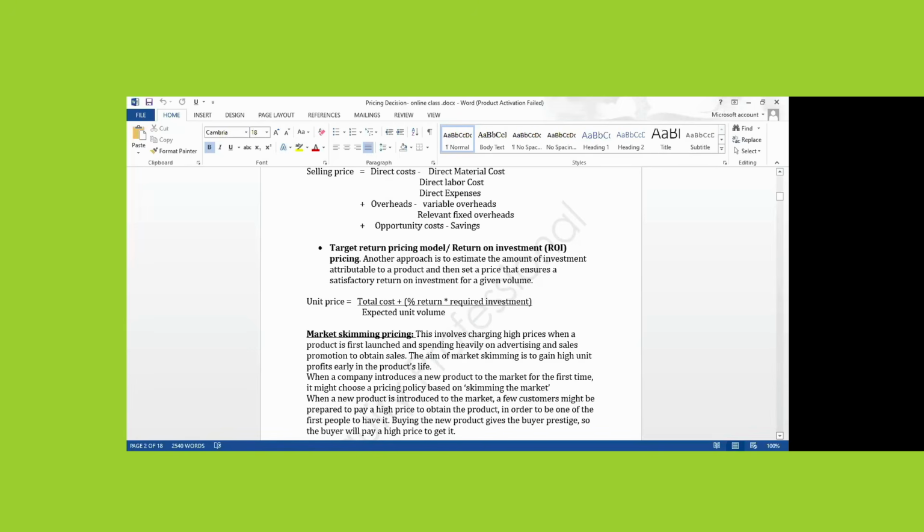Your aim is to make big profits at the early stage of the product life cycle.